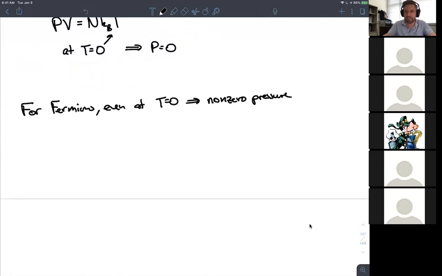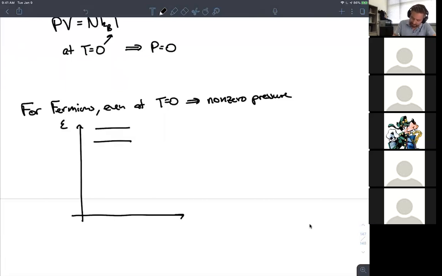In other words, the atoms and molecules that make up your Fermi gas are still moving. Why? Well, at T equals 0, if we draw the energy level diagram of our system, we're again going to have a set of discrete energy levels, like so. And let's say this is the Fermi energy.